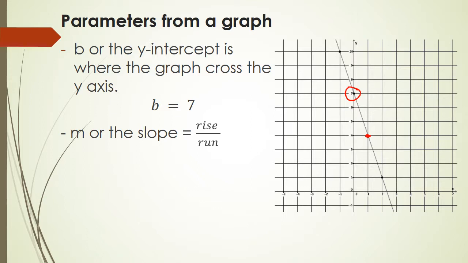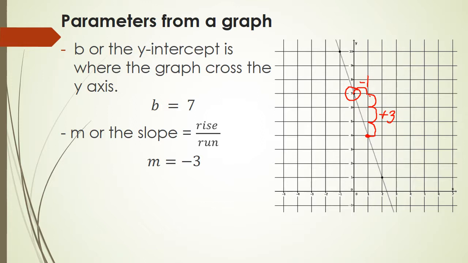Going from the bottom point to the y-intercept, I'm going up 1, 2, 3 units, so that's plus 3. I'm going to the left 1 unit, so that's a negative 1. So the slope for this line is negative 3, because the rise is 3 and the run is negative 1.